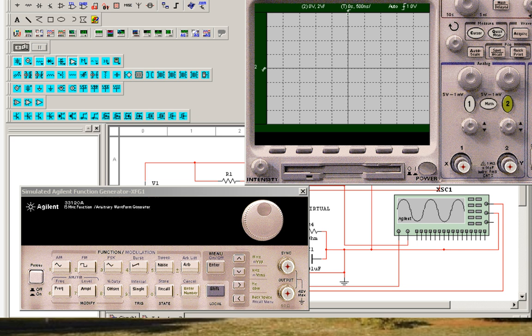I wanted to run some noise through this. I don't know what's wrong. It's not working now. What did I do wrong with this?